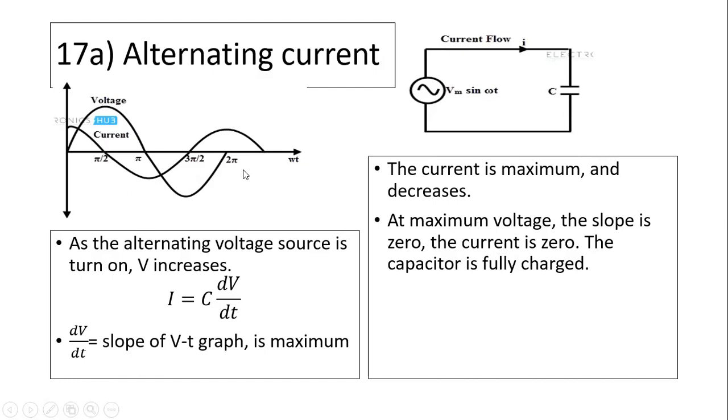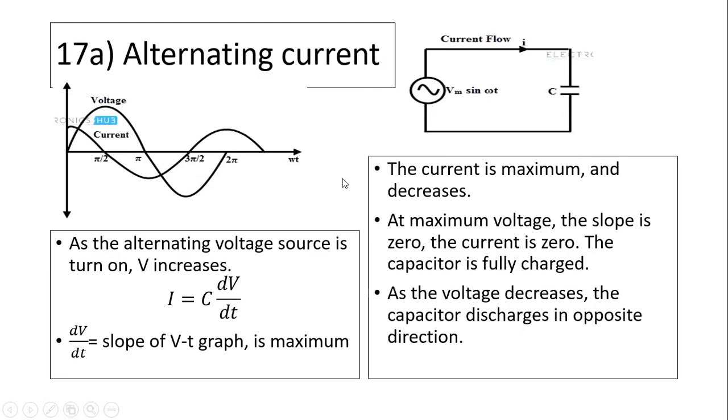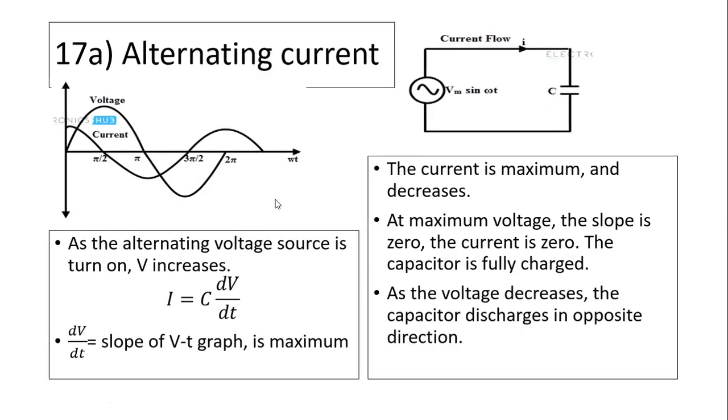The capacitor is fully charged at this part. As the voltage decreases here, remember it's fully charged. Previously the current was moving clockwise. Now the current has to move anti-clockwise, the opposite direction. That's why it goes negative. That's how we relate to our charging.